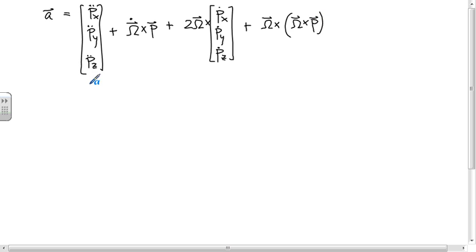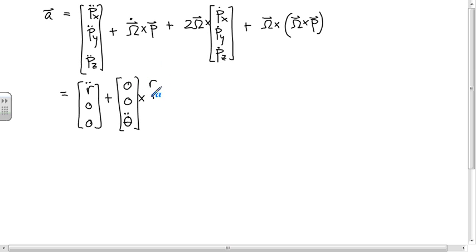Okay, so let's fill in our values. The second derivative of the position vector components is just r double dot, 0, 0. Then you have the first time derivative of omega. Remember, omega was 0, 0, theta dot, so this is just going to be 0, 0, theta double dot, crossed with our p vector, which was r, 0, 0.